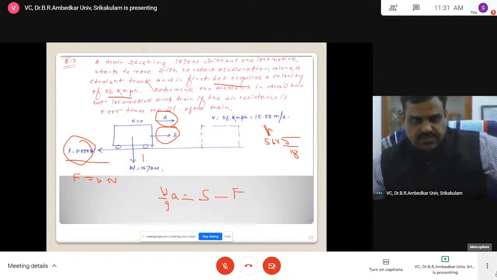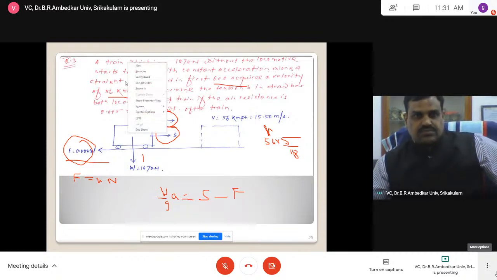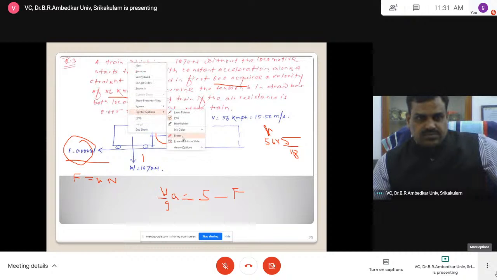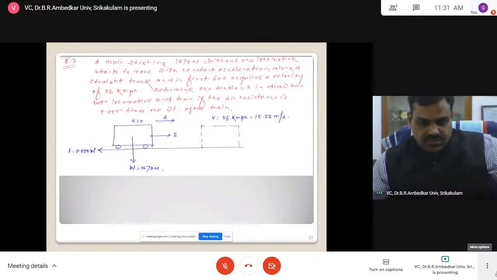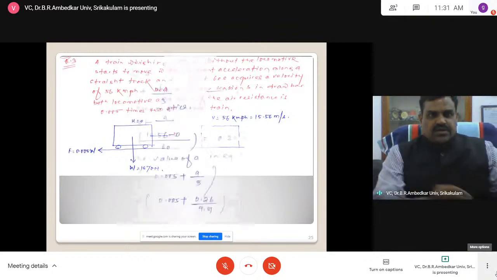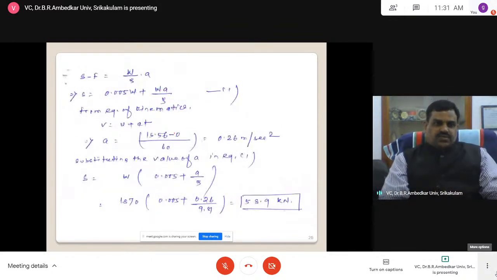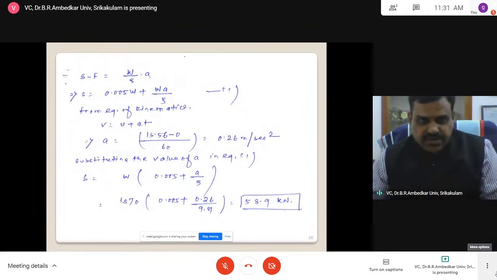Now you can write an expression. This is how we will write an expression. From that find out the acceleration.